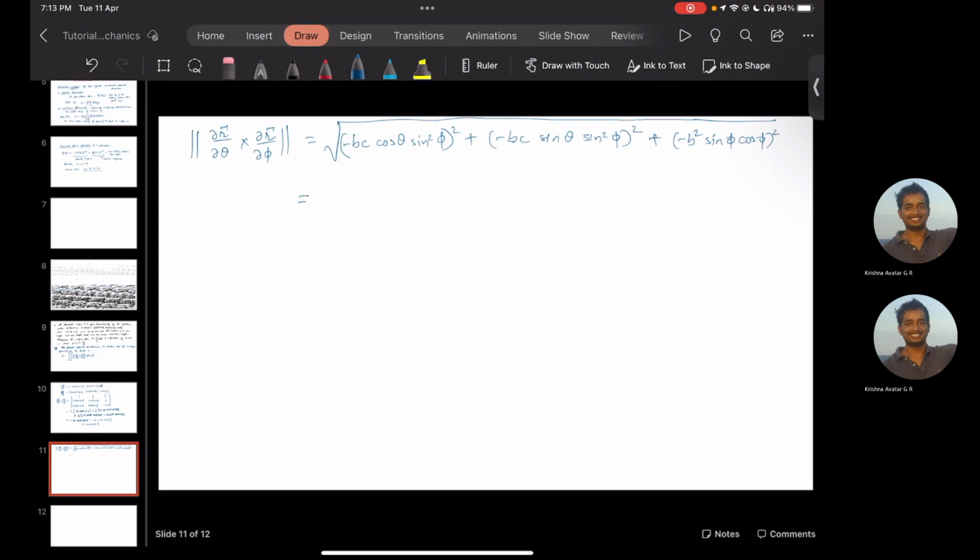Now what you do is, from the first two terms, after squaring it, you'll have b square c square into sine to the power 4 phi, and that is common to both the first and second term. So what we can do is write b square c square sine to the power 4 phi, and this will have cosine square theta plus sine square theta.